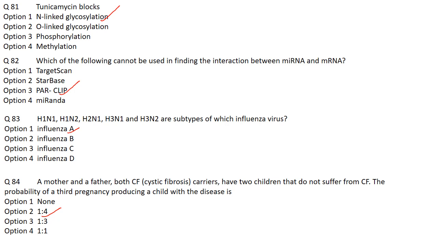Tunicamycin blocks N-linked glycosylation. Answer is option 1. Which of the following cannot be used in finding the interaction between miRNA and mRNA? So it is PAR-CLIP, photoactivatable ribonucleoside enhanced cross-linking and immunoprecipitation.